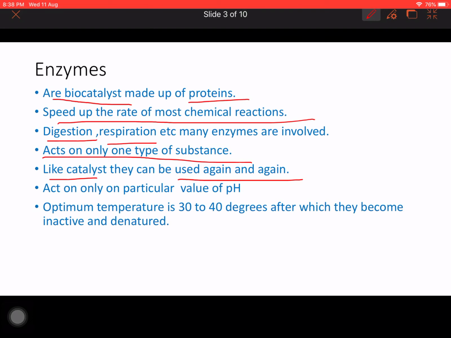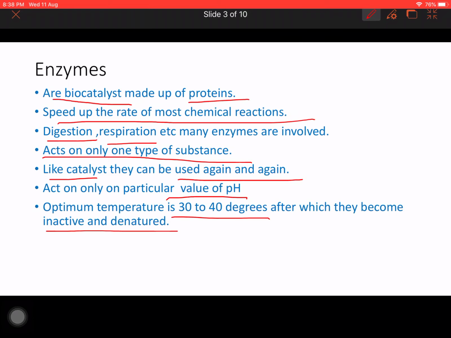But an enzyme always acts at a particular pH value. The optimum temperature is 30 to 40 degrees centigrade, and after that it becomes inactive and denatured. So this is what enzymes are all about.